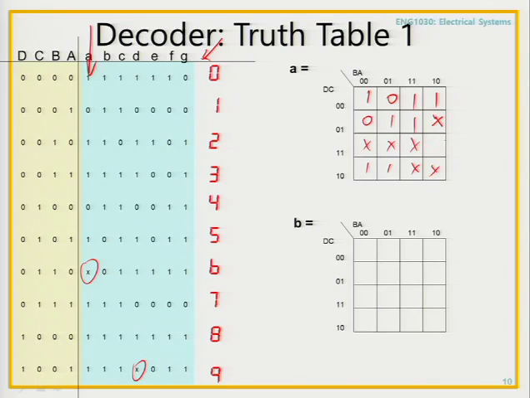Because I'm gambling that none of these additional codes, DCBA, will ever come up, like anything greater than 1001 cannot occur. So that's why I'm gambling that I can put a whole lot of don't cares in there. If they did occur, what do you think would happen? You'd get something weird on the output, yeah?